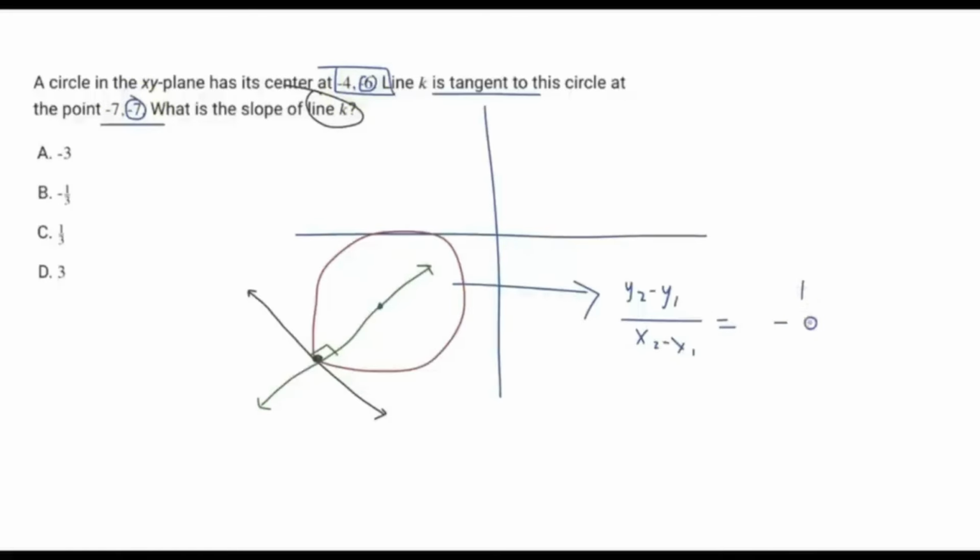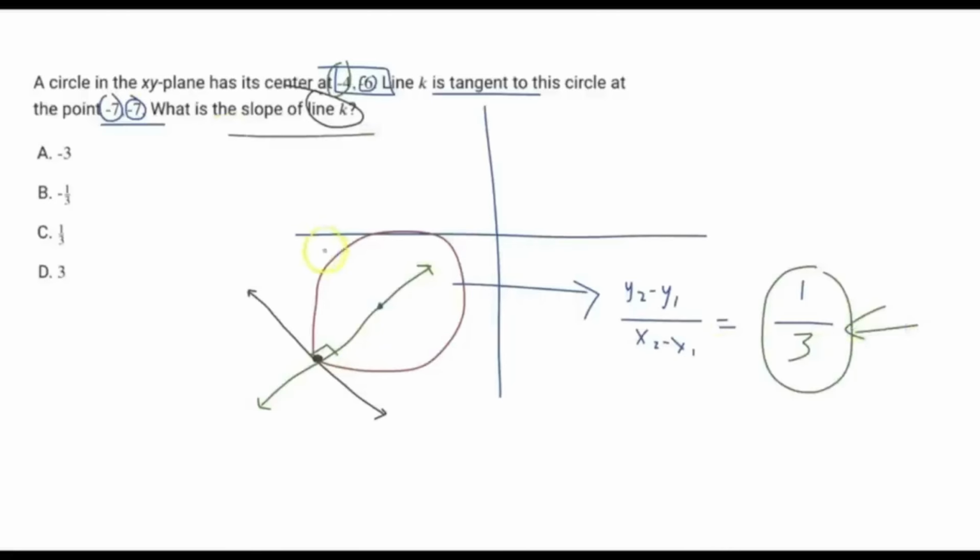So +1 on top. Now the change in x, so we're going from -7 to -4. That's an increase of +3. And so we know the slope of this line is 1/3, which makes sense because if you look at the diagram, it is going to be positively linear, and therefore a positive slope as 1/3 makes sense.